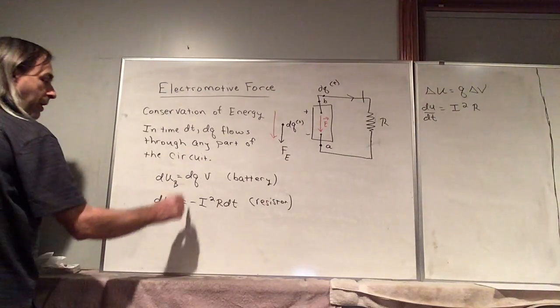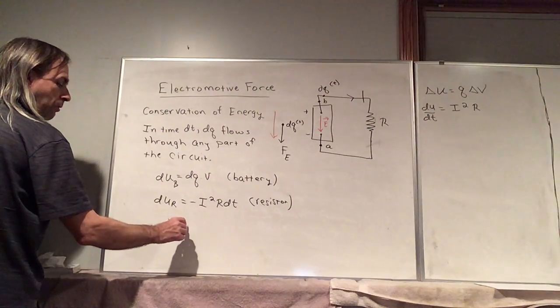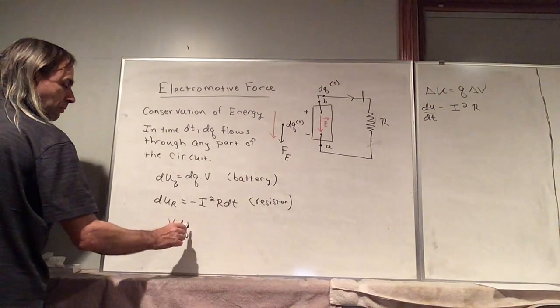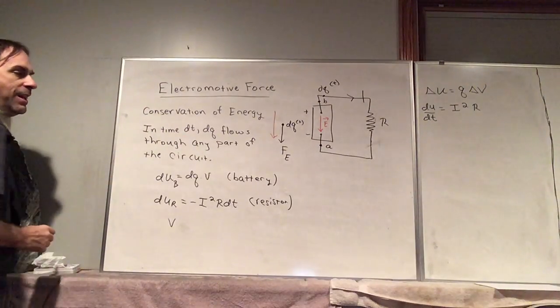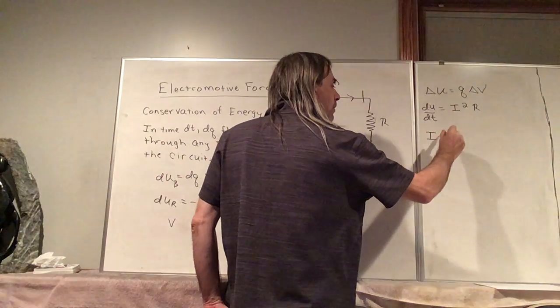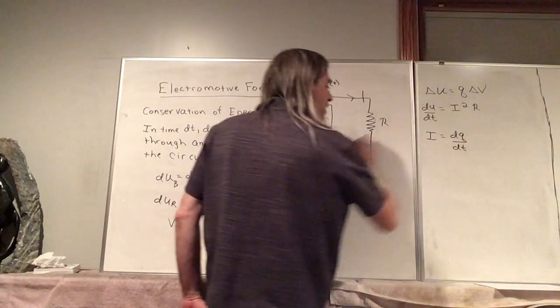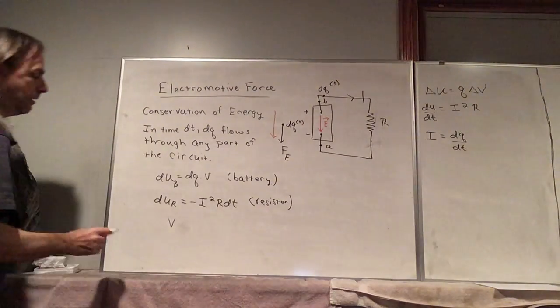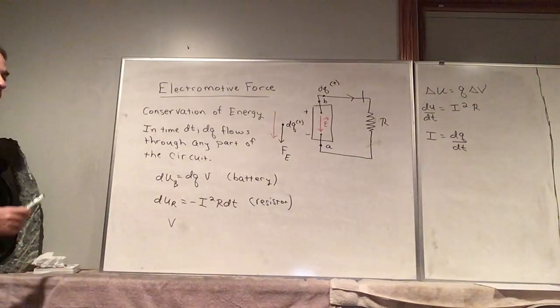So we have V dq. From the definition of current, dq is I dt.